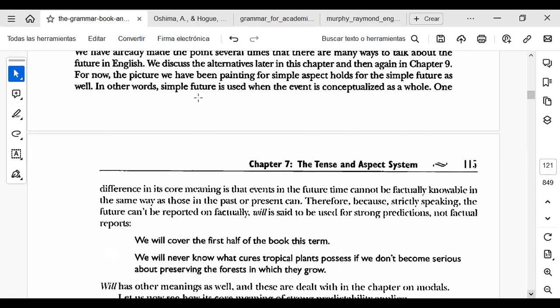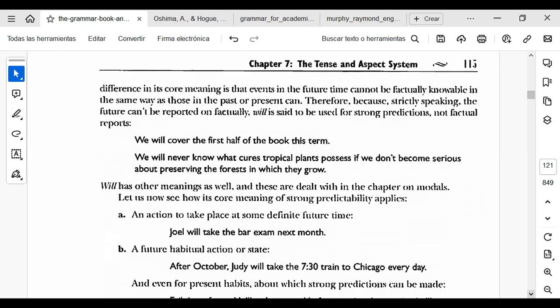But will is said to be used for strong predictions, not factual reports. For example, we will cover the first half of the book this term. Maybe yes or not. Strong prediction, not factual. We will never know what cures tropical plants possess if we don't become serious about preserving the forests in which they grow.